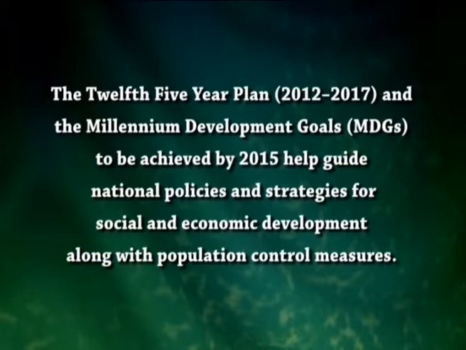While such growth is impressive, India seeks to ensure that this abundance is shared across the nation. The 12th 5-year plan and the Millennium Development Goals to be achieved by 2015 help guide national policies and strategies for social and economic development along with the population control measures.